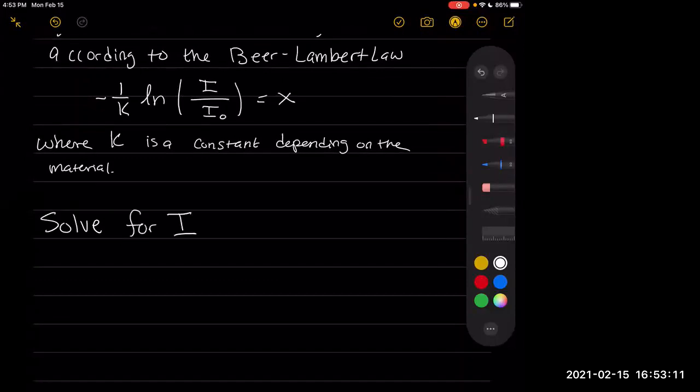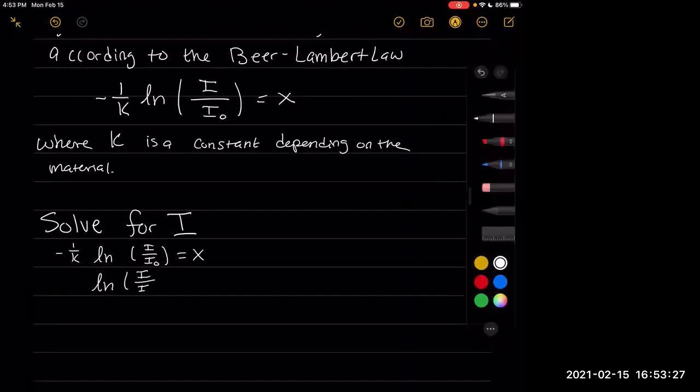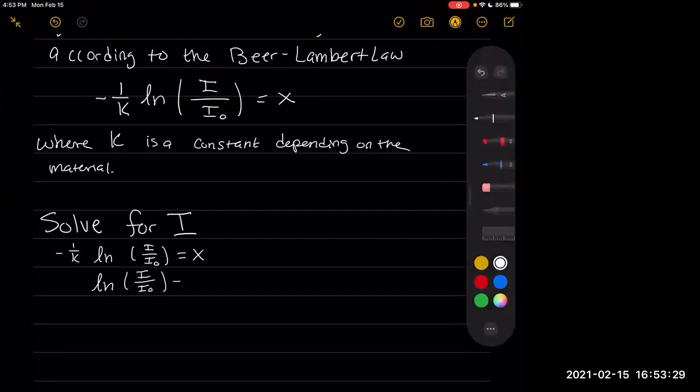If we take this negative 1 over k, the natural log of I over I naught, our first step is multiplying by negative k on both sides. Then we have the natural log of I over I naught equals negative kx. Now we exponentiate both sides.